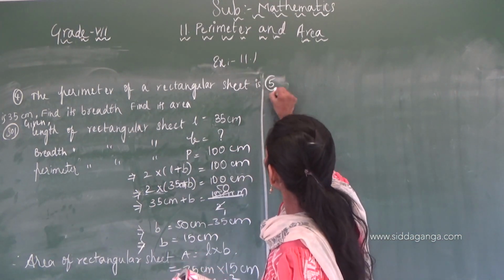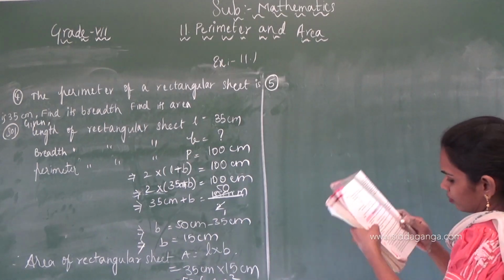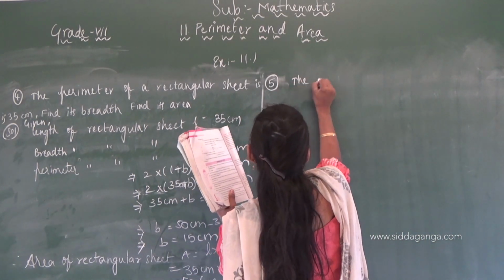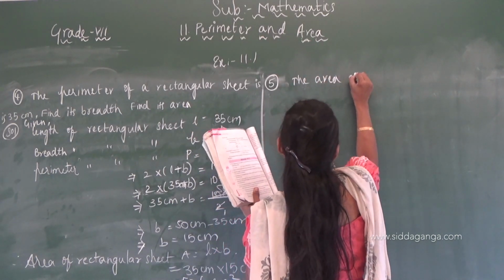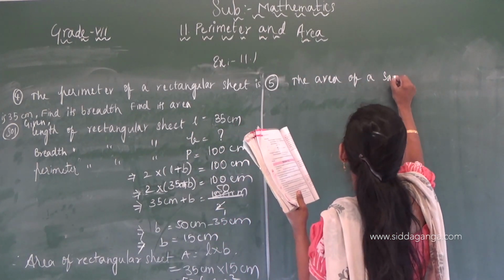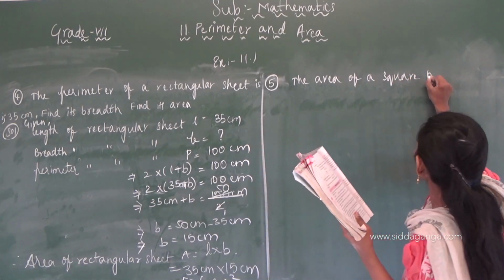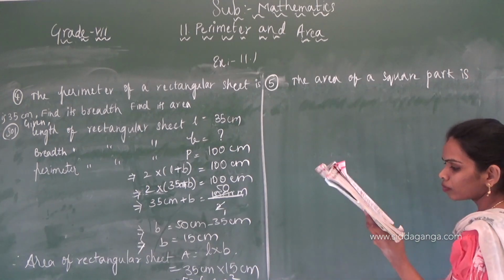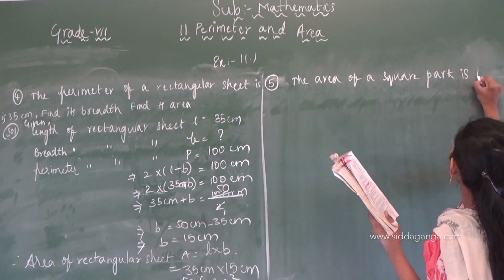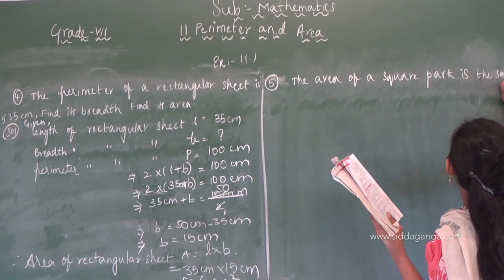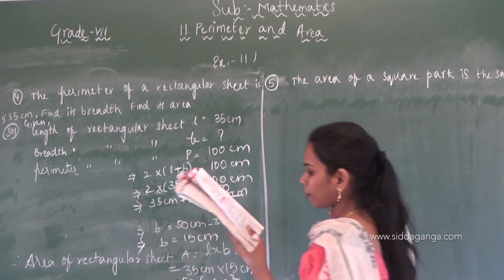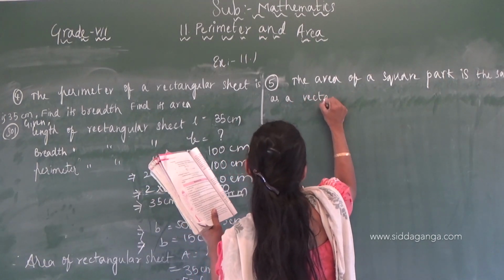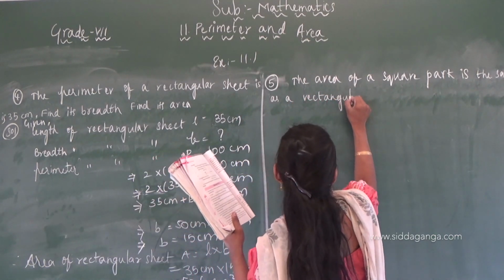Fifth one. The area of a square park is the same as the area of a rectangular park.